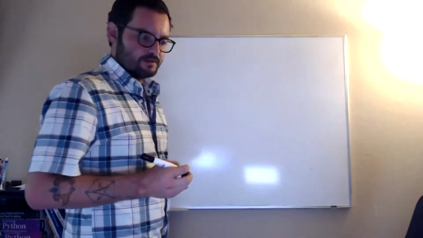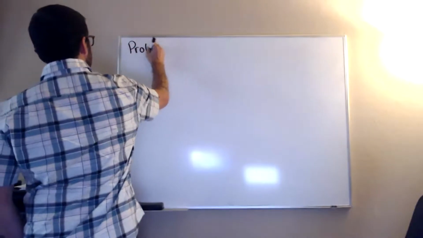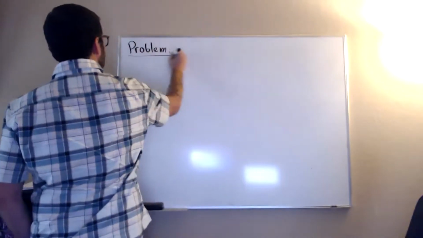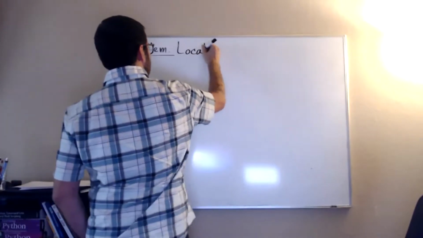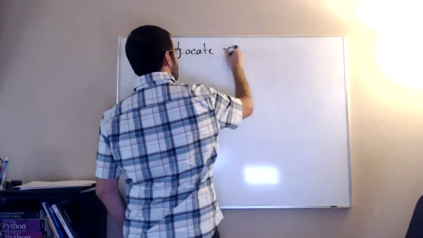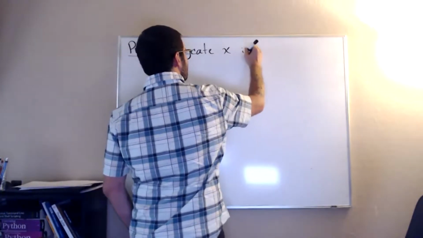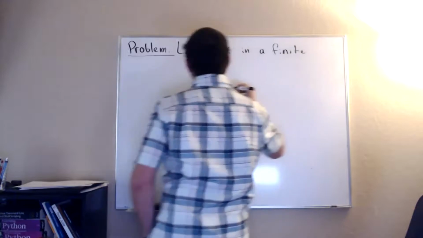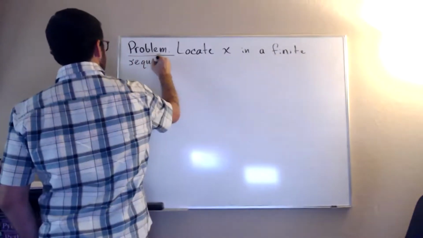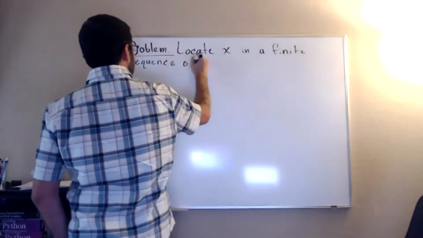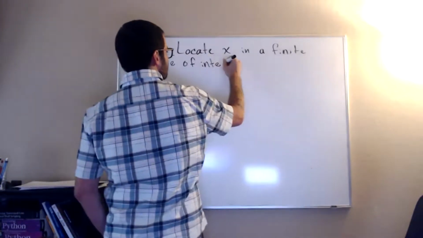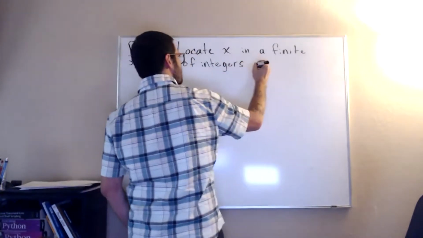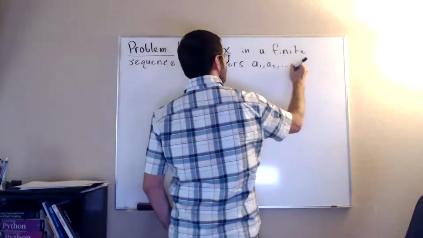Okay, so let's see. Problem: locate x in a finite sequence of integers a1, a2, to an.